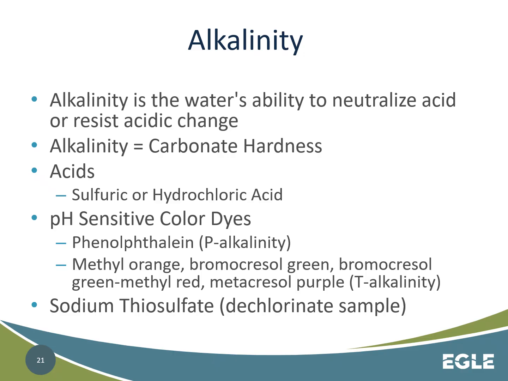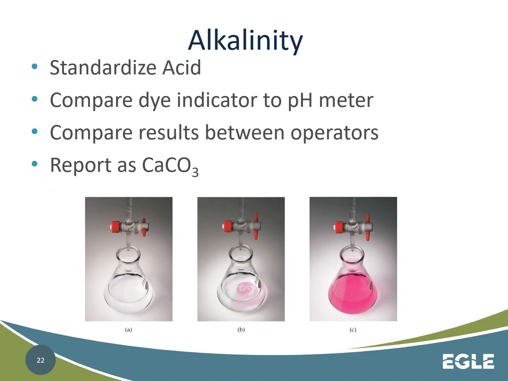And then you use sodium thiosulfate before you begin your titration and adding your color dyes to eliminate the chlorine, because the chlorine, if not dechlorinated, can interfere with it, all right? So the P alkalinity, when we're getting down to the 8.3, is a measurement of our OH and carbonate ion.